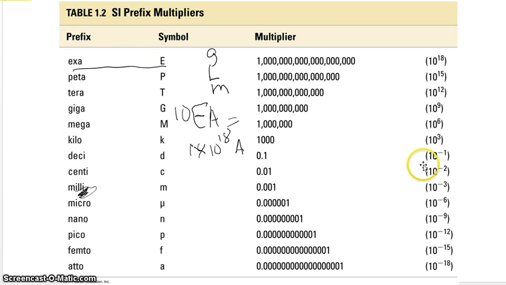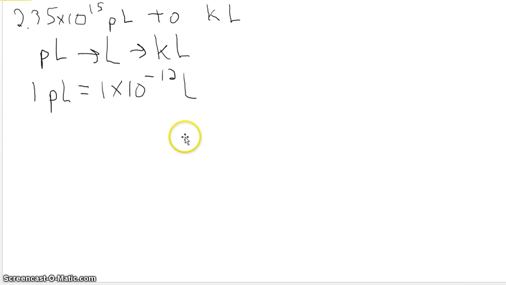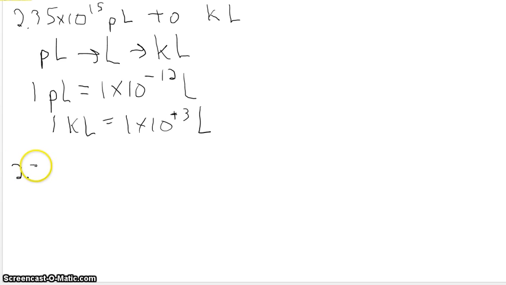Well, there's kiloliters. The kilo factor is 10 to the third. And so what I know is 1 kiloliter is 1 times 10, excuse me, not negative, positive 3 liters.